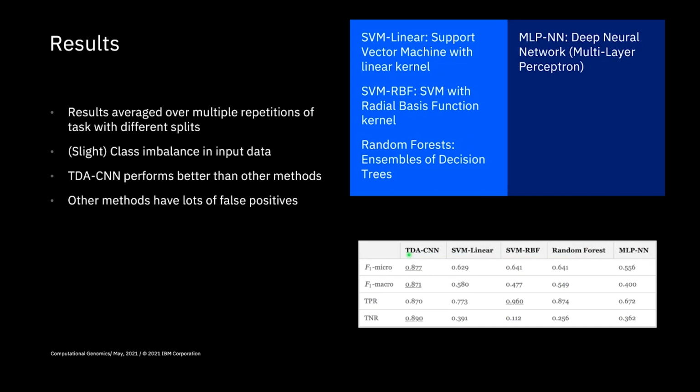Although I should mention again that these other classifiers were used with minimal fine-tuning. There was some fine-tuning to improve the results, but there was no additional preprocessing on the data there, other than the standardization of variables and so on.